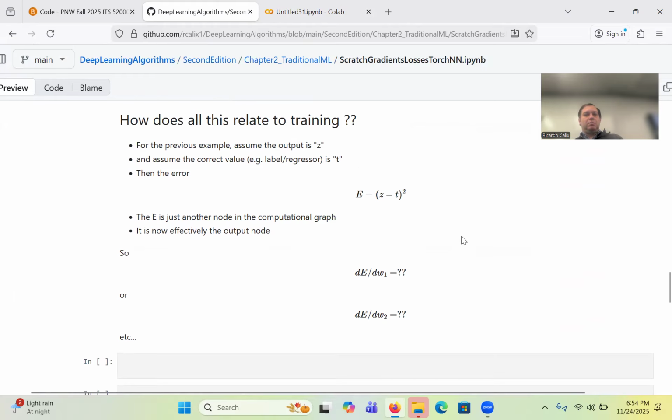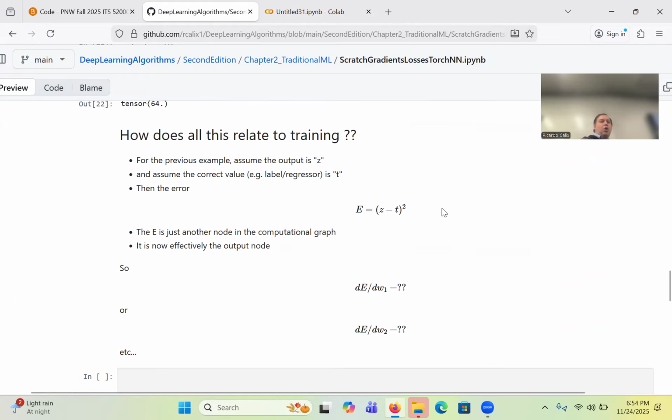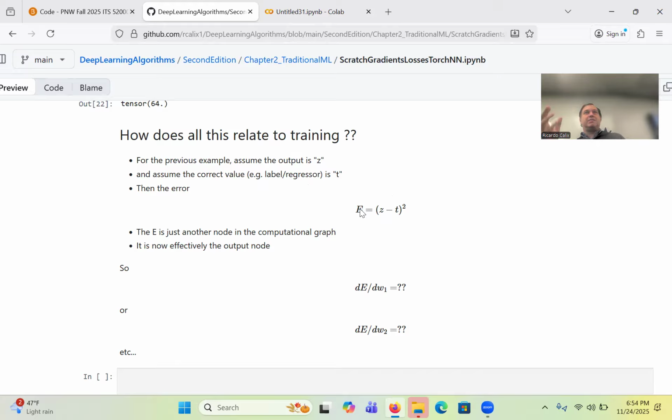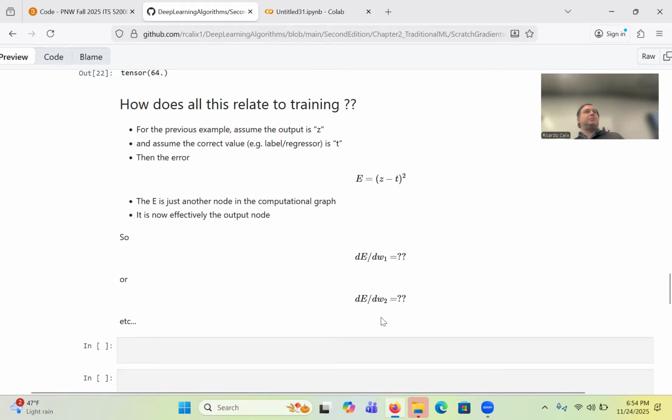Okay, so essentially, how does all this relate to training? From the previous example, you assume the output is z and assume the correct value is t, right? So we're taking the difference, squaring it, right? And e becomes the node that we're holding. That's the function. So we start taking the derivatives of e in terms of the respective weights.